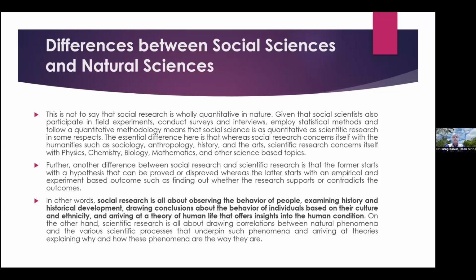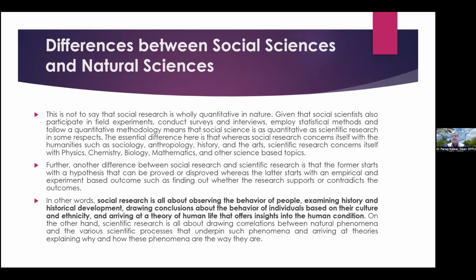Further, another difference between social research and scientific research is that the former starts with a hypothesis that can be proved or disproved, whereas the latter starts with an empirical and experimental outcome, such as finding out whether research supports or contradicts the outcome. In other words, social research is all about observing the behavior of people.